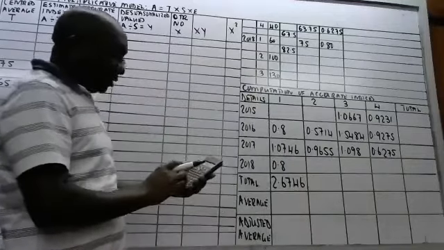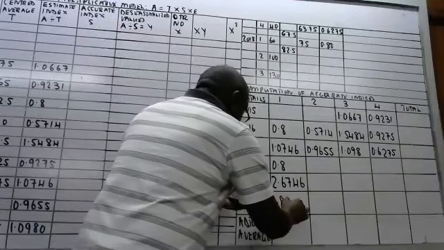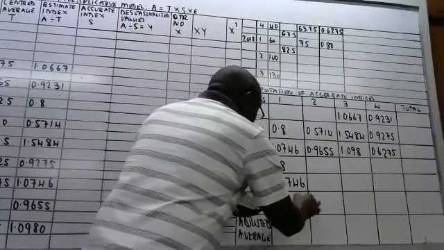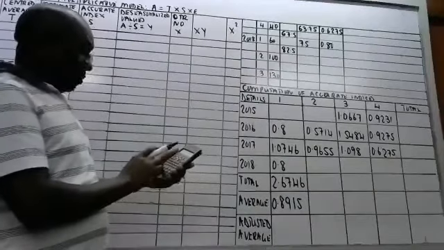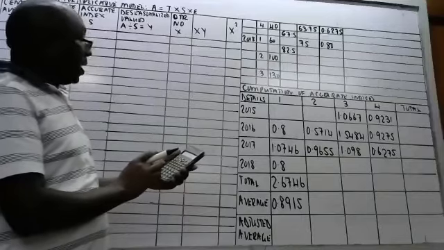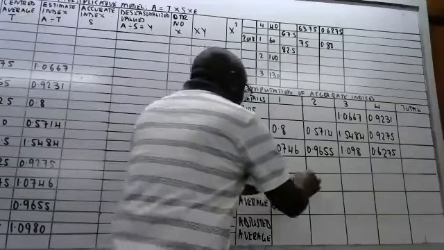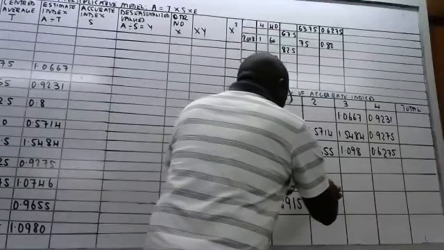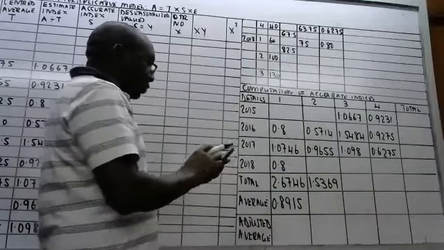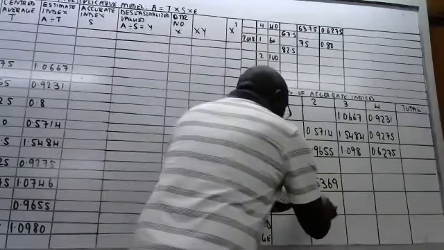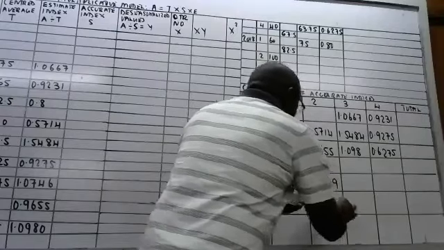Divided by 3, because there are 3, you record 0.8915 for the 4 decimals. 0.5714 plus 0.9655. The answer is 1.5369. Divide by 2, you record 0.7685.